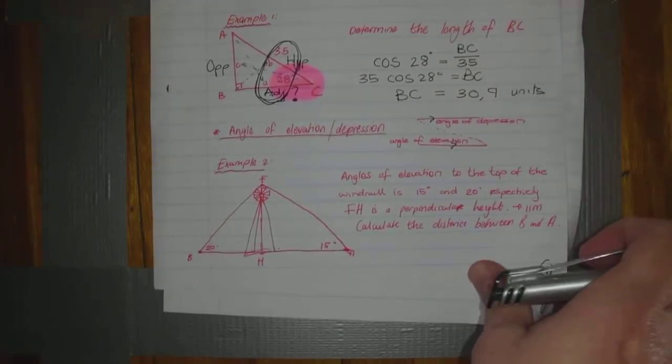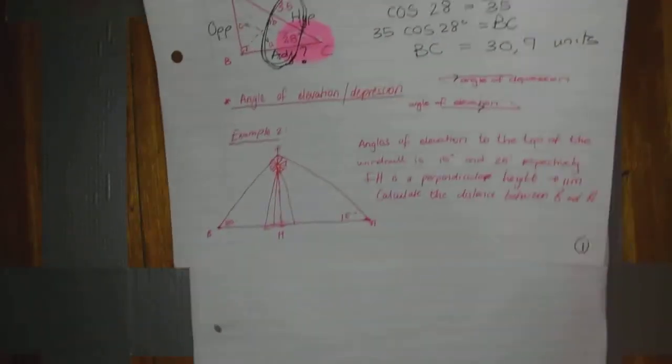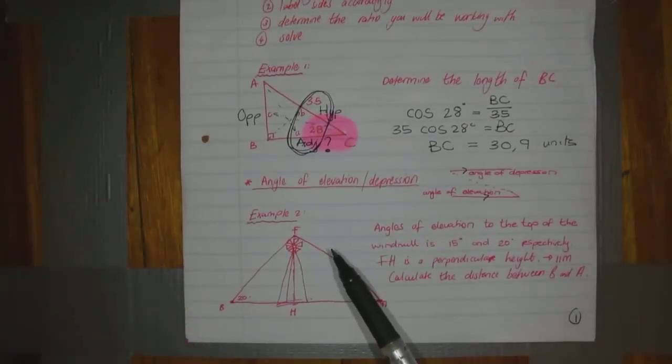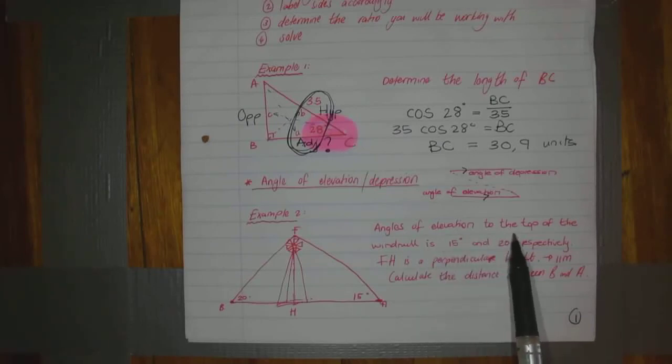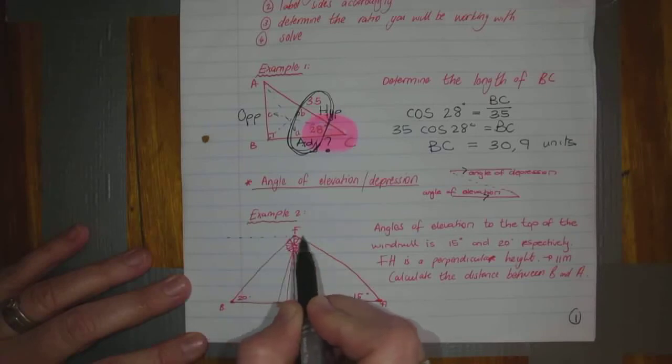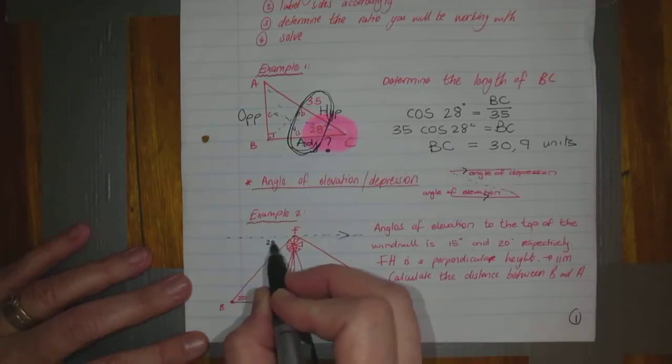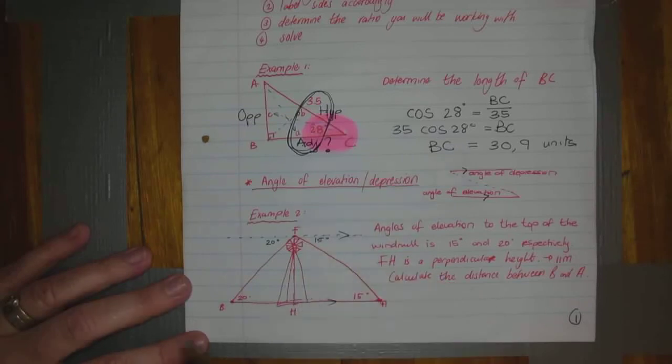So if I look at this question, example 2, angle of elevation to the top of the windmill is 15. So there are my two parallel lines. That is my angle of elevation and 20 degrees respectively. So if you had to, you could have said that that will be 20 as well and that will be 15 as well, because it's alternate angles.